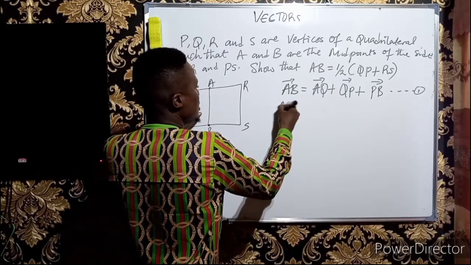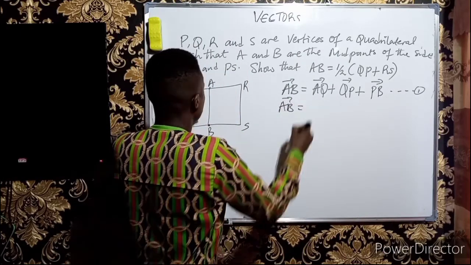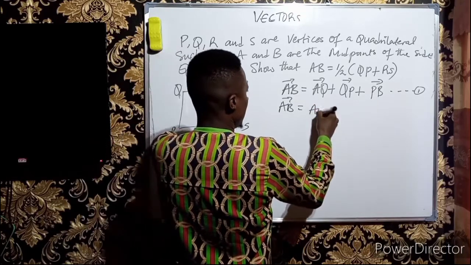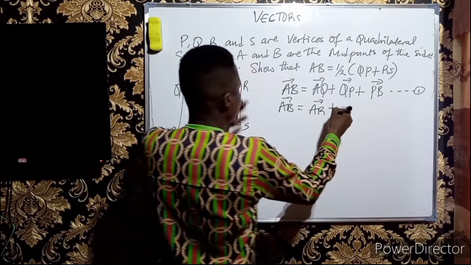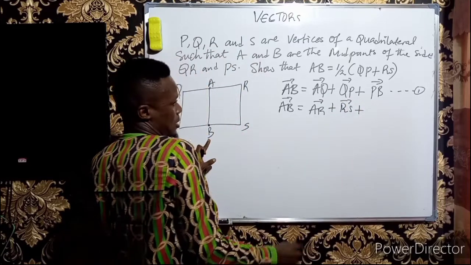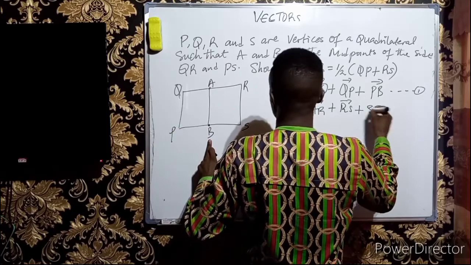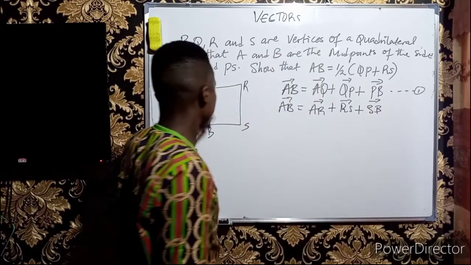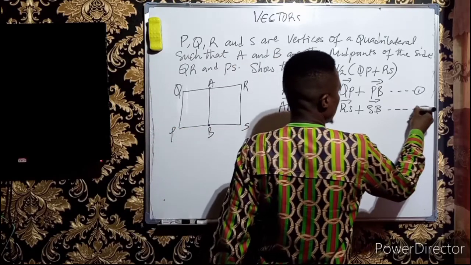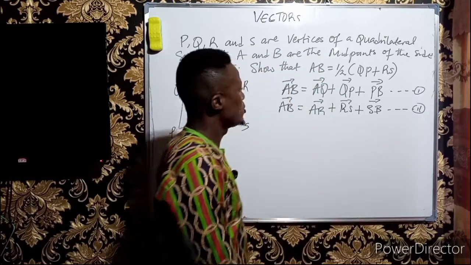Also, the same AB can be seen as AR plus RS plus SB. That is my AB. Now, this is equation 2. There is nothing else I can do to equation 2.